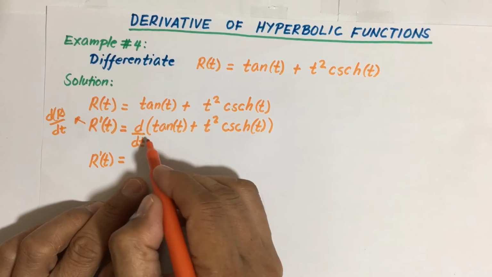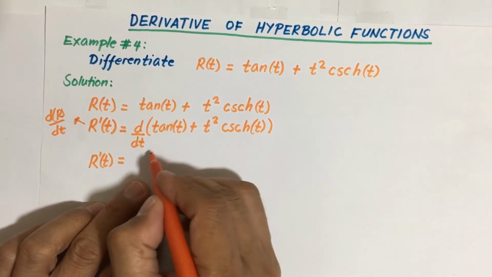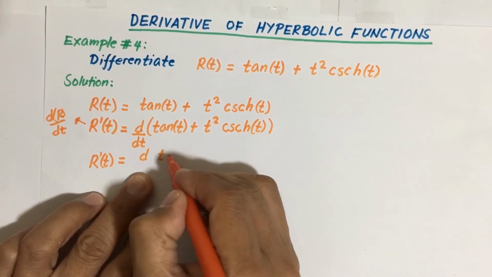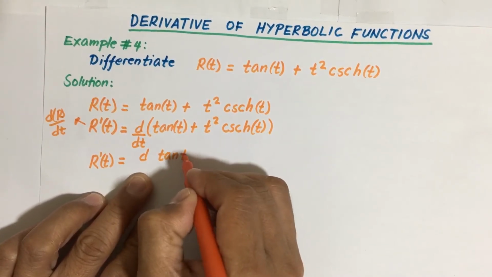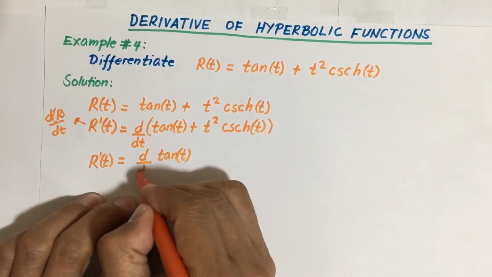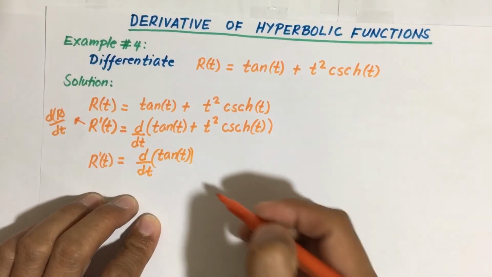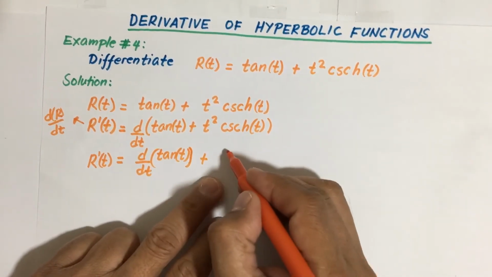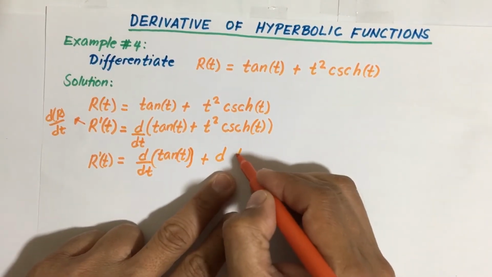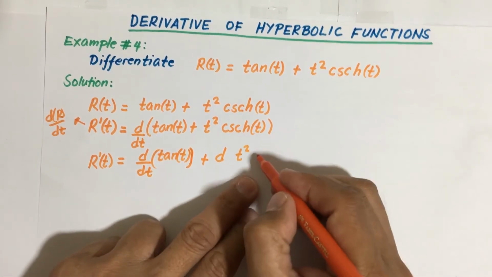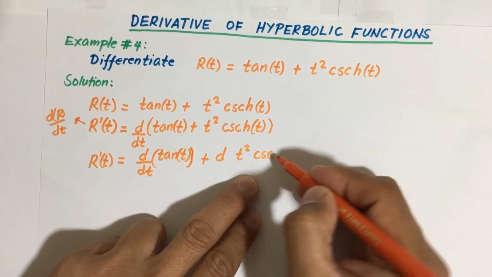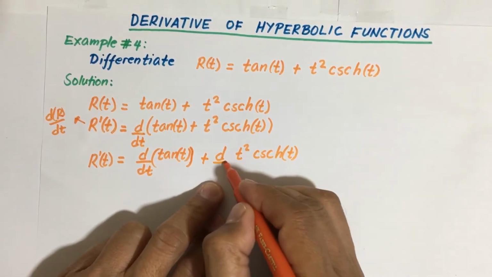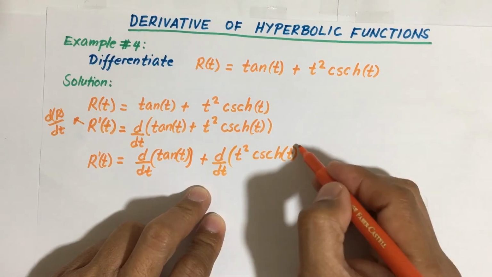We have to differentiate each of these terms individually. So the derivative of tangent of t with respect to t, then plus the derivative of the product of t squared and the hyperbolic cosecant of t with respect to t.